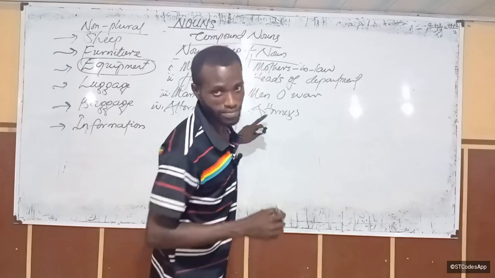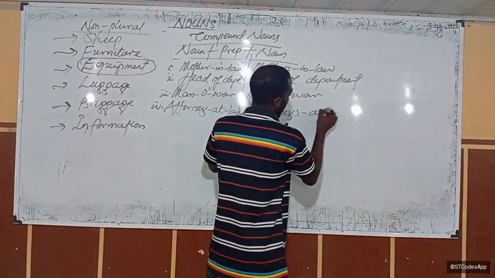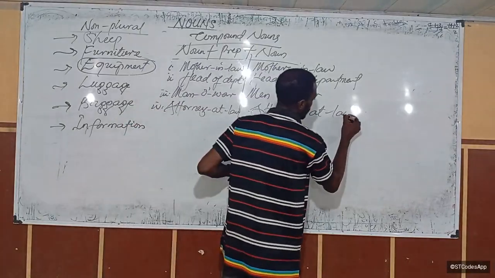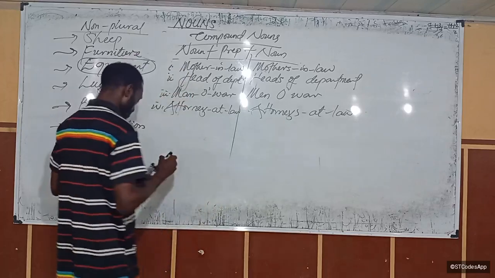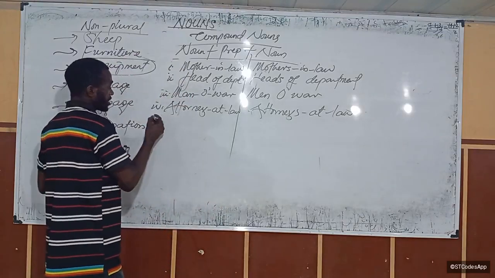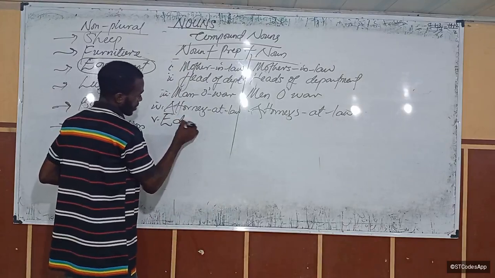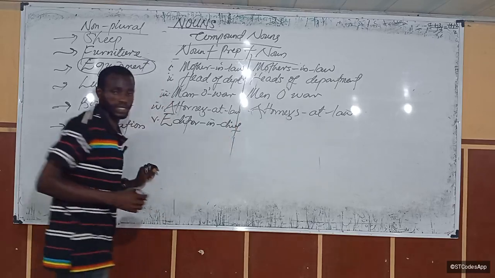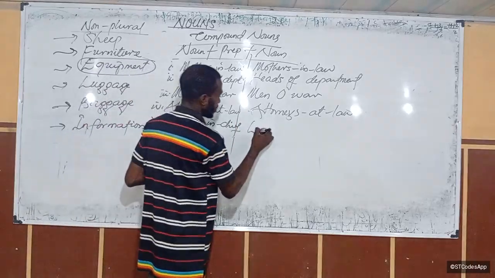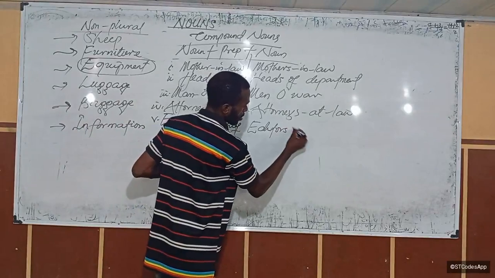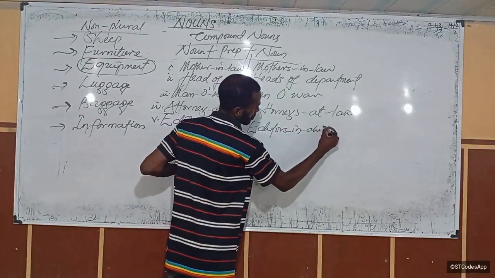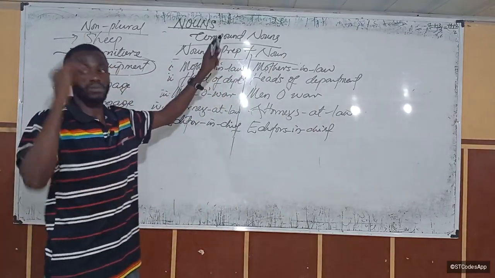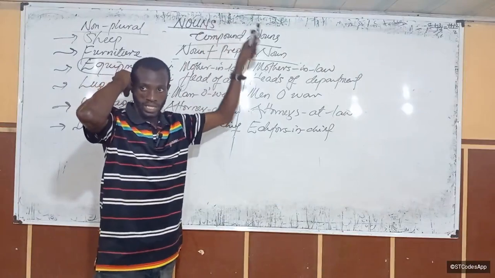Yes, that's the spelling. Attorneys at law. Yeah? Okay. How about we have editor in chief? What does that give you? Editors in chief. All right. So these are for noun plus preposition plus noun.